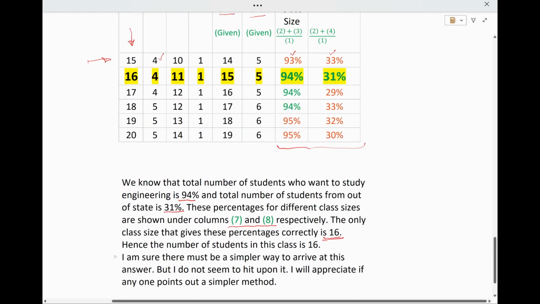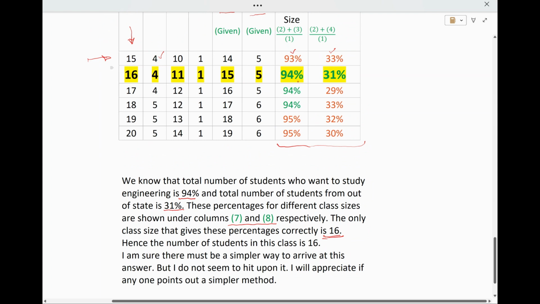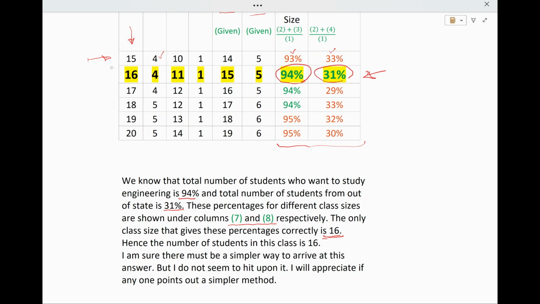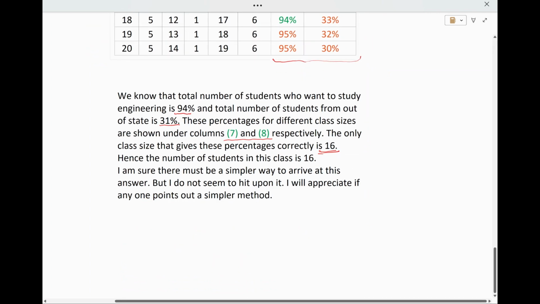And this is shown highlighted here, 94% and 31%. For all other class sizes, both these numbers together are not correct. Hence, the number of students in the class is 16.